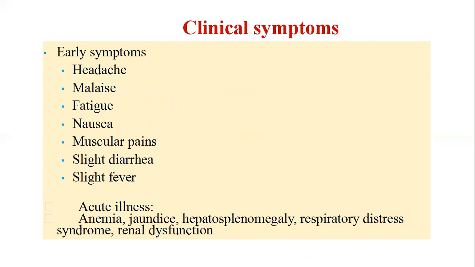Then there is anemia due to disintegration of RBCs, and jaundice and hepatosplenomegaly due to infection of the liver of the host, and respiratory distress syndrome and renal dysfunction can also be seen in case of acute illness.